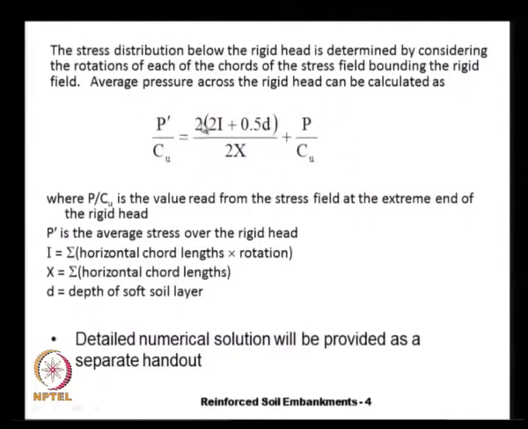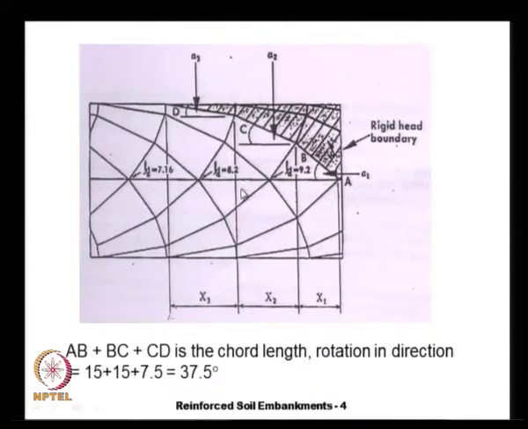Here p by Cu is the value read from the stress field at the extreme end, that is our 5.7, and then this internal quantity, 2I plus 0.5d by 2x, where I is the sum of the horizontal chord lengths times the rotation of the slip line fields, and x is the net sum of the horizontal chord lengths, and d is the depth of the soft soil layer.